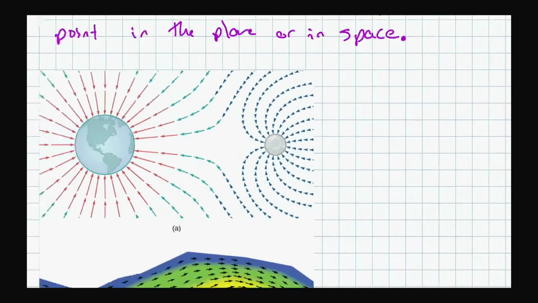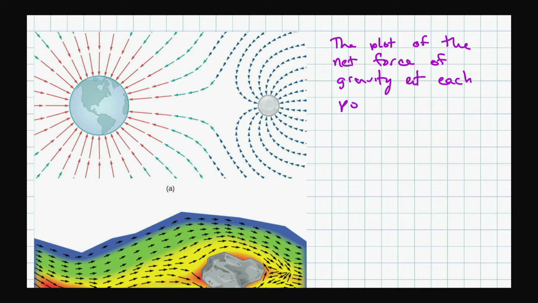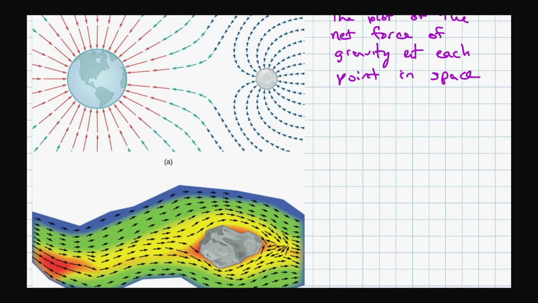I think this first picture is a plot of the net force of gravity at each point in space. Although again, they're drawing it in a 2D picture here, just because of the relationship between the two objects in space.